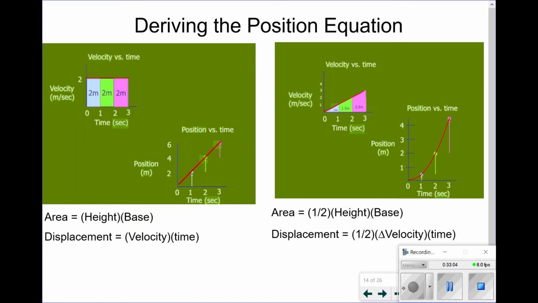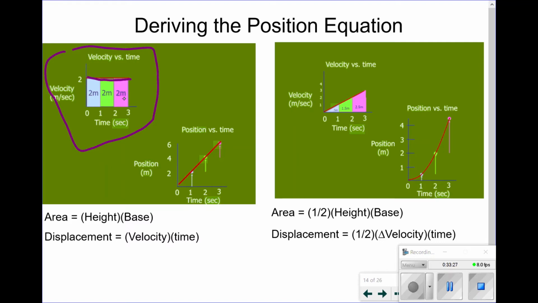From a velocity versus time graph, we can find the displacement of an object simply by finding its area. When I have a constant velocity, I form a simple rectangle that can be broken up into several smaller rectangles, all the same size. So for this case, I have an object that's traveling at a constant 2 meters per second.